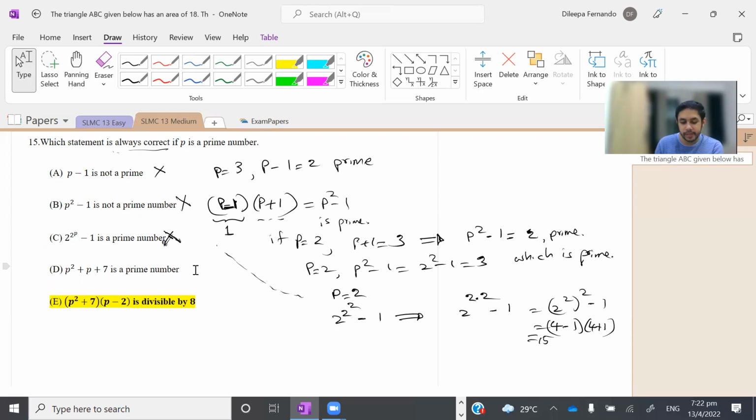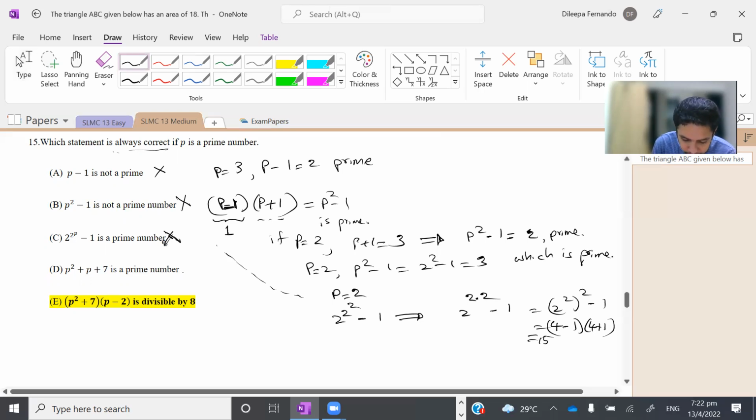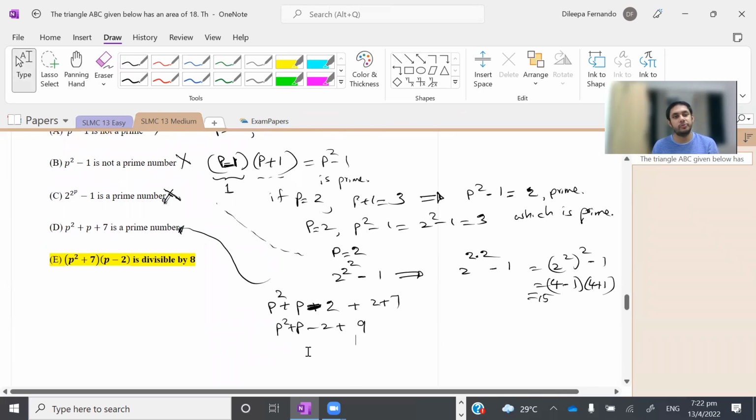If we can find a factorization for this, some factorization plus some common factor, then it would be fine, because we are going to find a counterexample. Let's say p squared plus p minus 2 plus 9. This is not the only way. I'm just finding different methods. So you can have your own method, because this is just coming up with a counterexample.